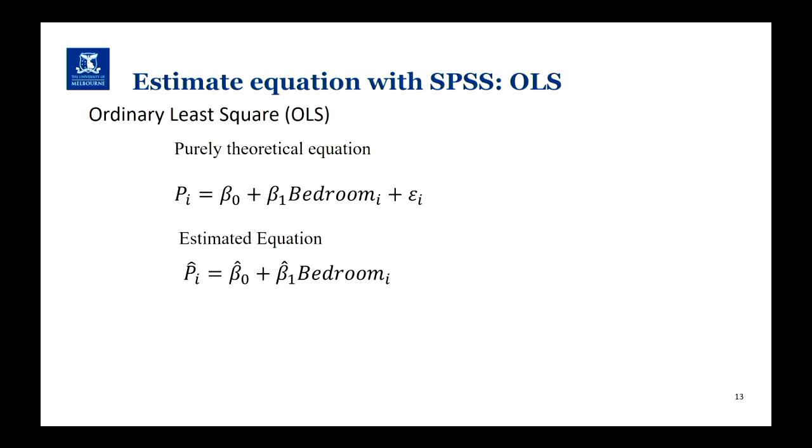And this one, P hat, is the estimated value, which is generated by the software, or here by SPSS, based on the model or equation. And then we got the estimated intercept and estimated coefficients.